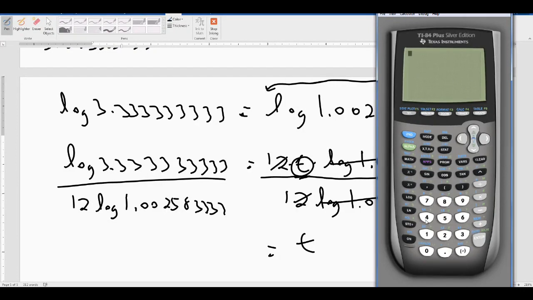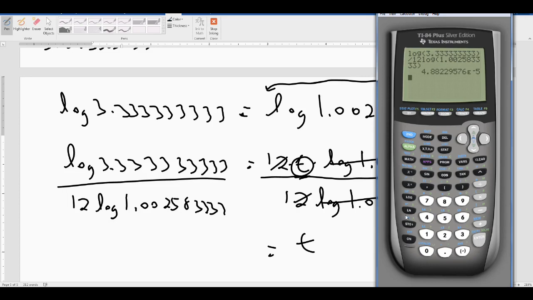So once again, with the graphing calculator, I'm just going to type in, as it is, log of 3.133456789, divided by 12 log, make sure you close parentheses up there by the way, 1.002583333.